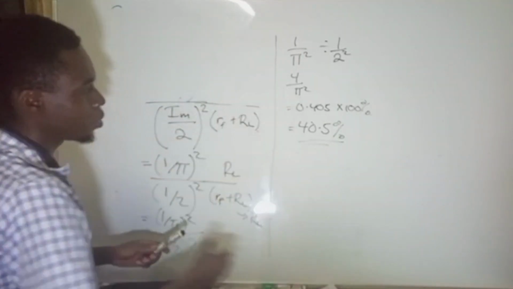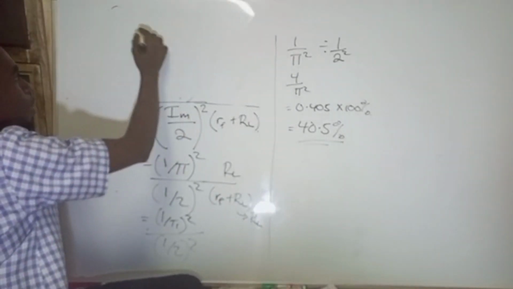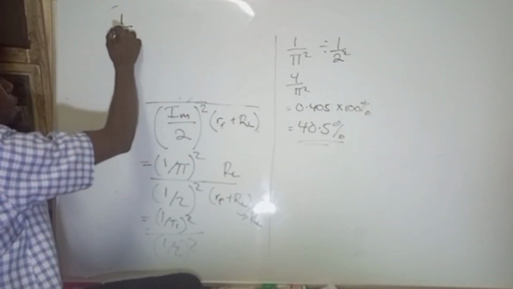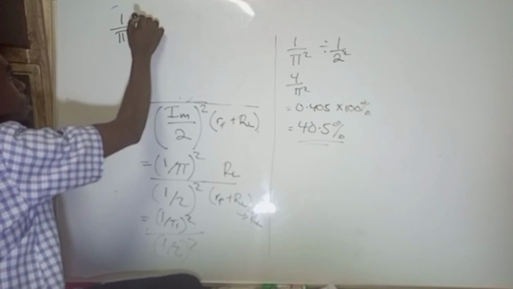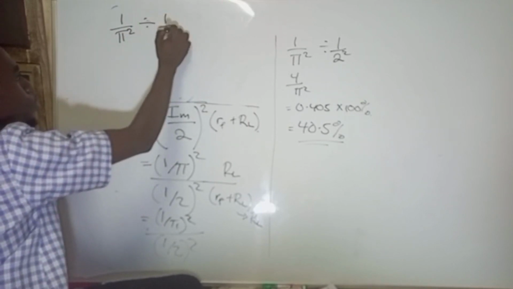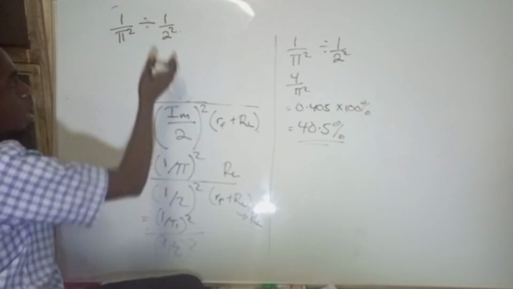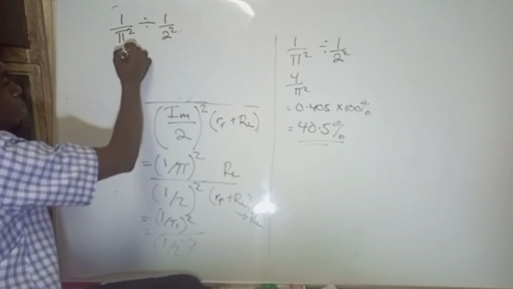So on that side, what I wrote was simply that I will have 1 over pi squared divided by 1 over 2 squared. And when I do this, I'll apply a multiplication sign there.